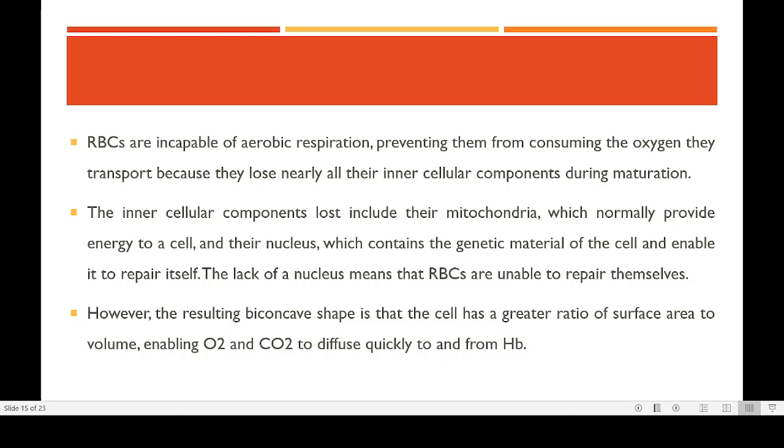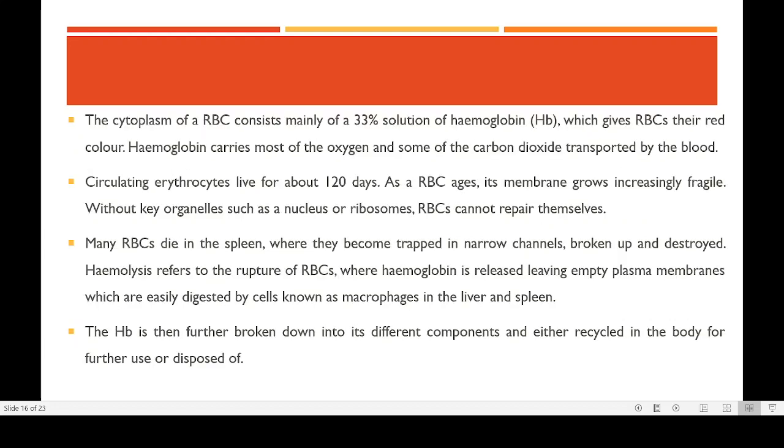The resulting biconcave shape gives a greater surface area to volume ratio, enabling oxygen and carbon dioxide to quickly diffuse to and from hemoglobin. That is also another advantage of the RBC.